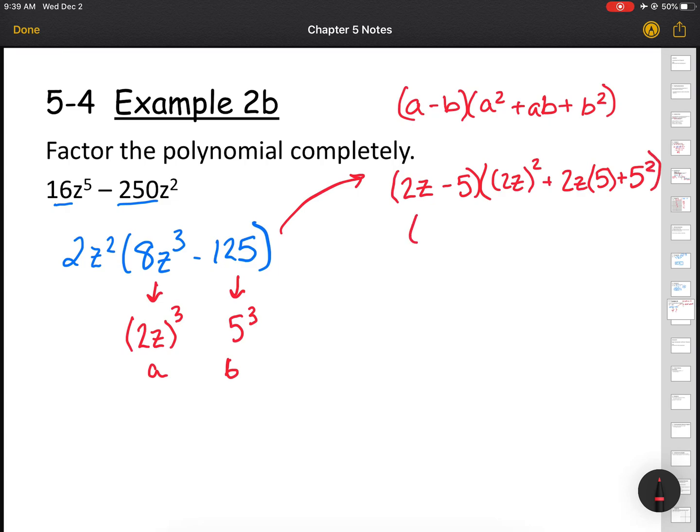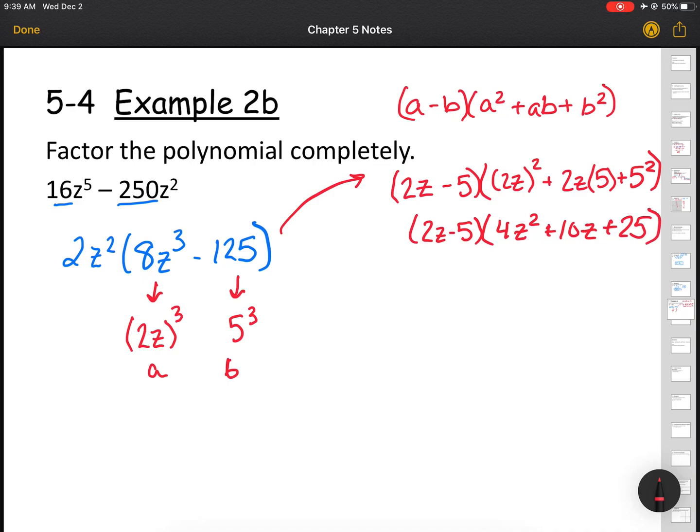And if we simplify that, well, that's 2z minus 5. That's not going anywhere as a factor. But 4z squared is coming out of that simplified 2z squared. And then 2z times 5 is just regular old 10z. And 5 squared is 25.